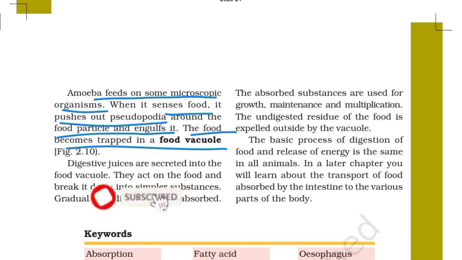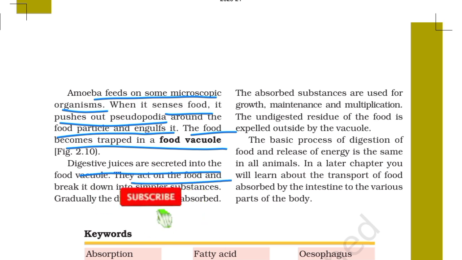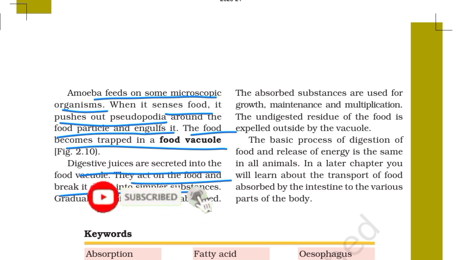Later, digestive juices are secreted into the food vacuoles, and they act on the food and break it down into smaller, simpler substances. So inside the food vacuole there is a secretion of digestive juices, or digestive enzymes, for the digestion of the food, and later it is broken down into simpler substances.